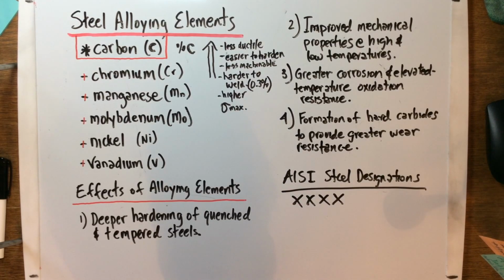And so I wanted to start off today and finish that up a little bit, with more comments on the alloying elements that are inside most steels, and what they offer, what they give to the steels, and then we'll get into heat treating.